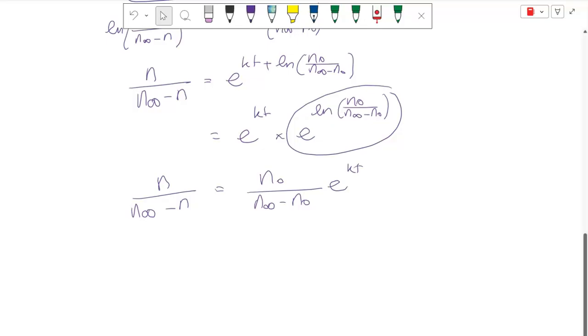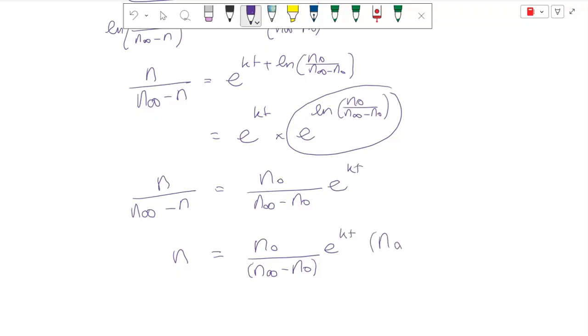Well, we're going to have N is equal to N naught over N infinity minus N naught, that's all a constant, times e to the kt times N infinity minus N. We need to rearrange and bring this bit, add this back to both sides.